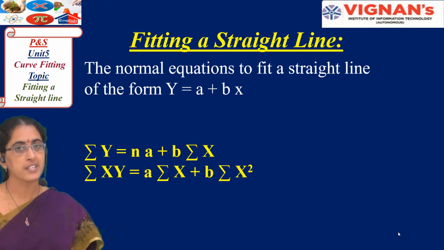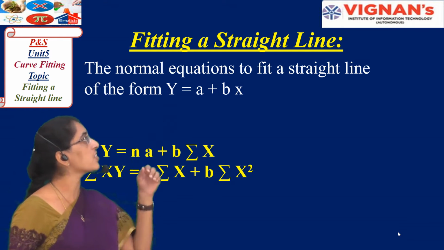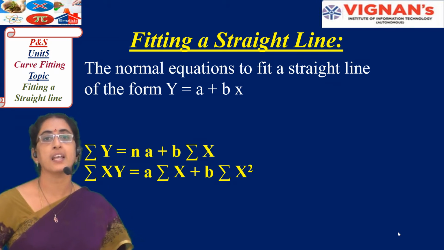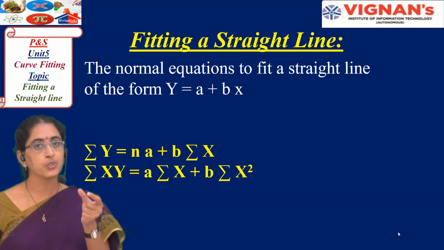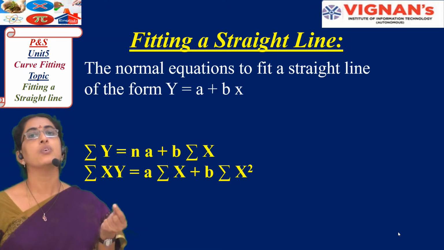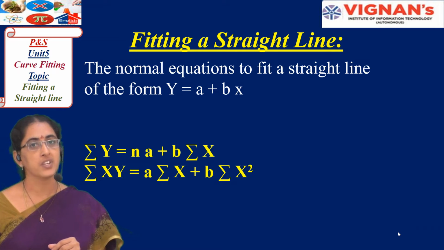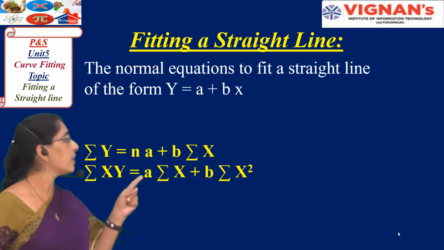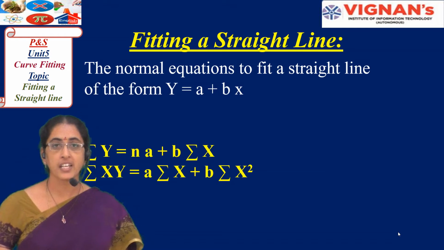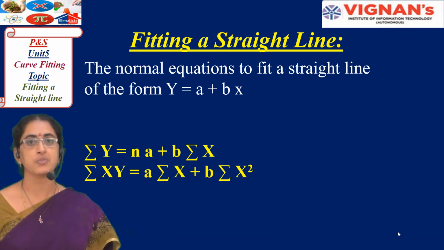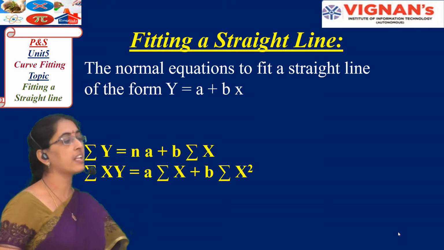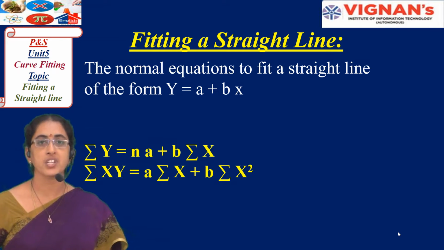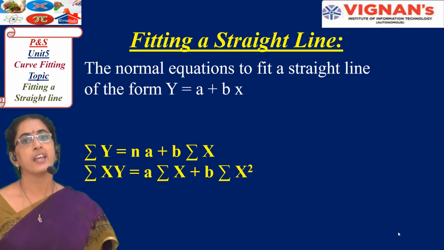According to that principle, the straight line equation is y equal to a plus bx, so we have two constants a and b. We will have two normal equations according to the principle of least squares. The normal equations are summation y equal to n into a plus b into summation x, and summation xy equal to a into summation x plus b into summation x square.